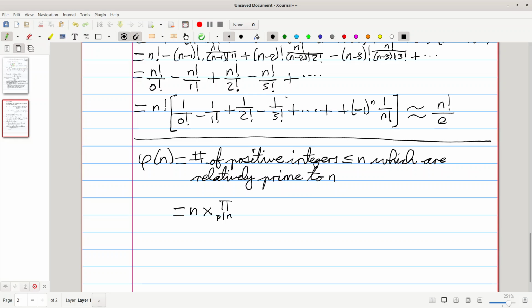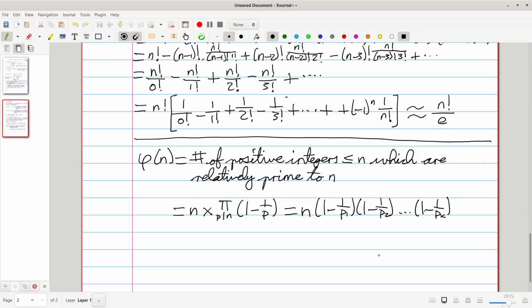So all the prime factors of n, and for each prime factor I'm going to multiply by 1 minus 1 over p. You can see it as n times 1 minus 1 over p1, 1 minus 1 over p2, times 1 minus 1 over pk, if k is the number of prime factors of n.